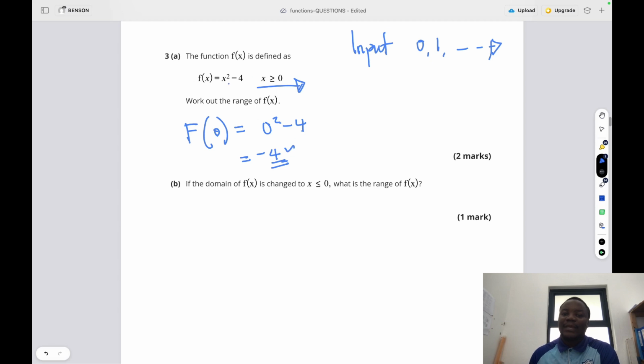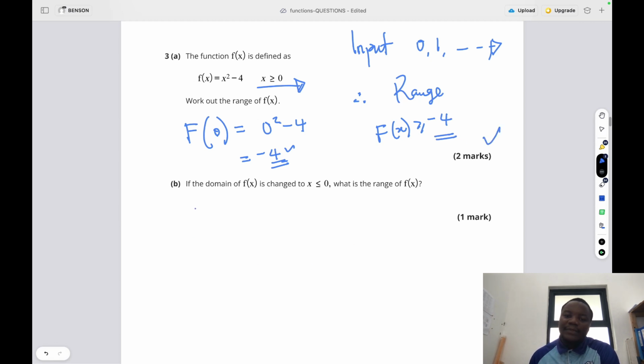If you try 1, you'll get negative 3, but the minimum is this. So therefore, we can conclude that the range is simply f of x being greater or equal to negative 4. That's what it means. So that was a 2-mark question.